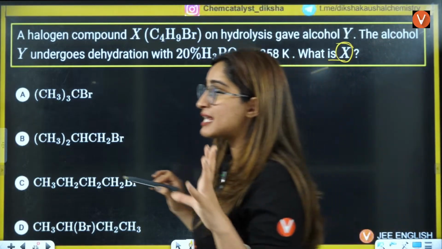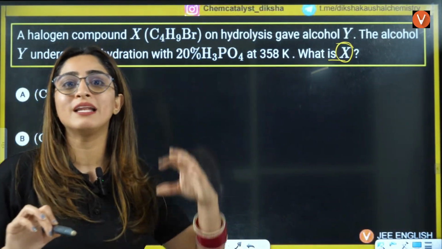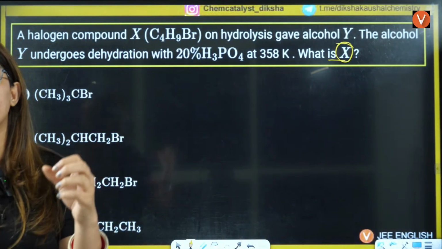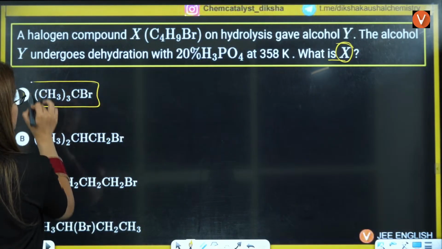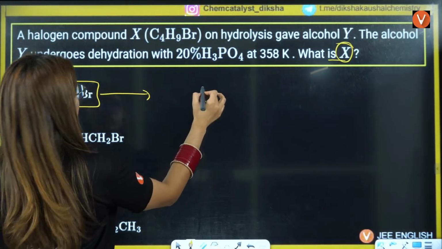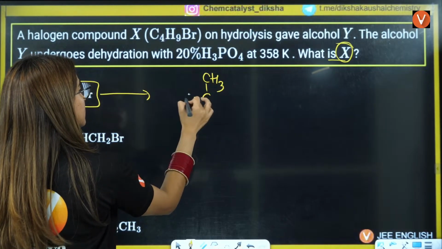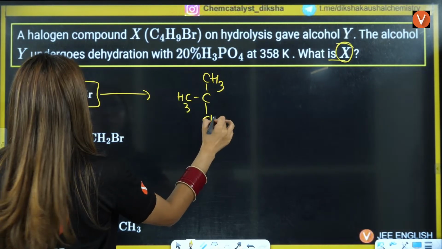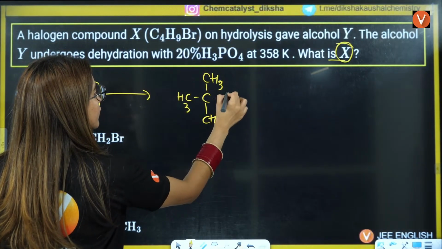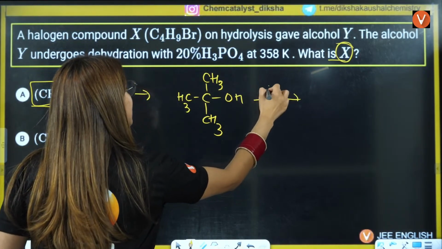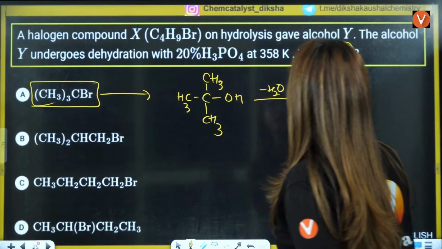See, if some alcohol is easily undergoing dehydration, that means they are talking about a 3-degree alcohol, right? So if this is X, then it will give you this as the alcohol. A 3-degree alcohol will be formed, right? Only in this case you will see a 3-degree alcohol. That is why the chances of dehydration are maximum here.